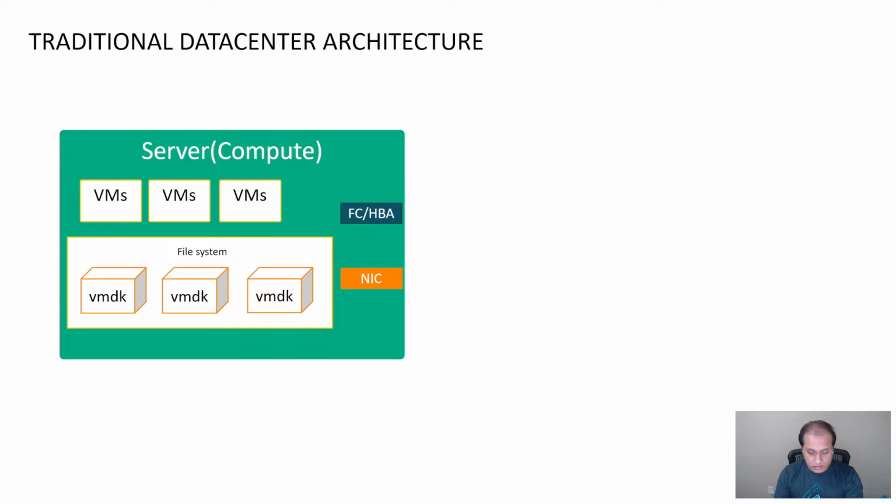How is this file system created? This is where the magic happens. The storage is completely located externally on an external storage array. These are called storage enclosures, or JBODs, and all the hard disks are actually in this storage enclosure.